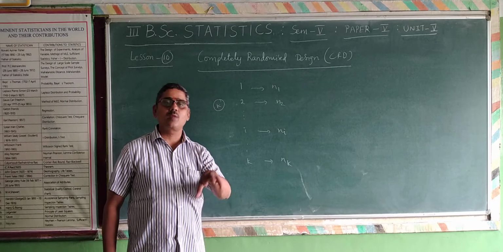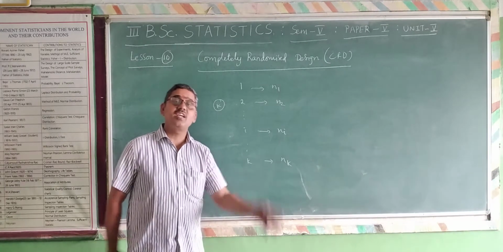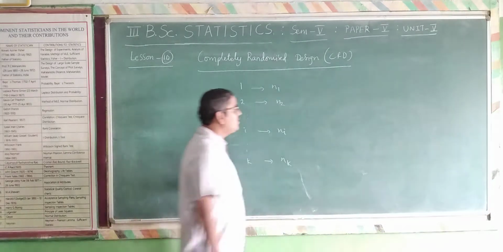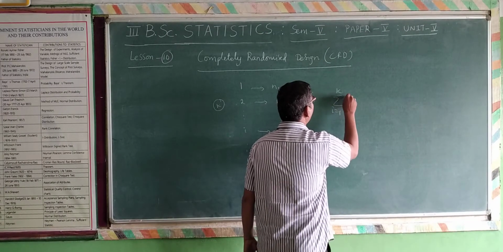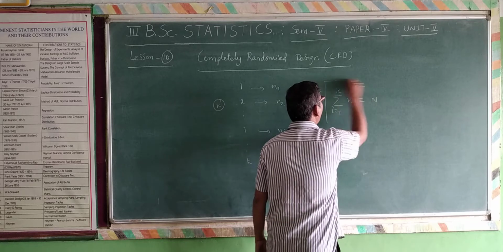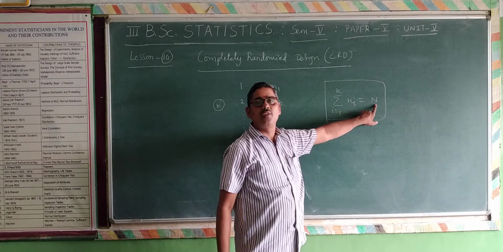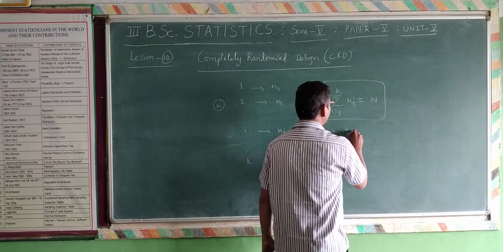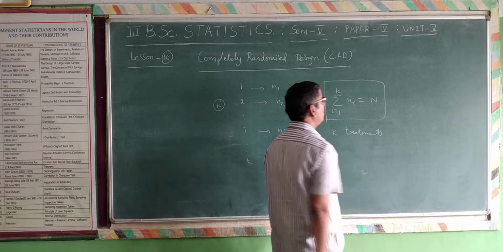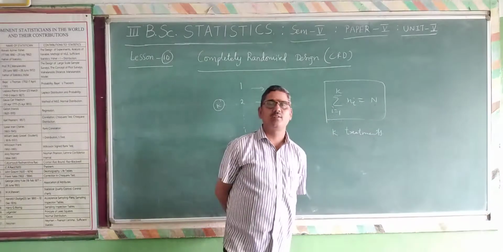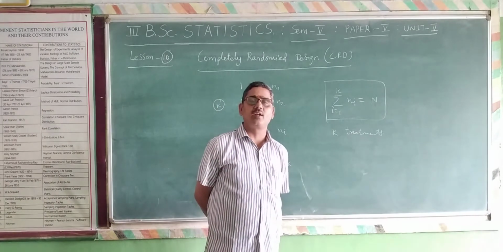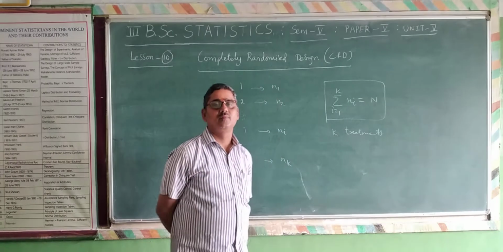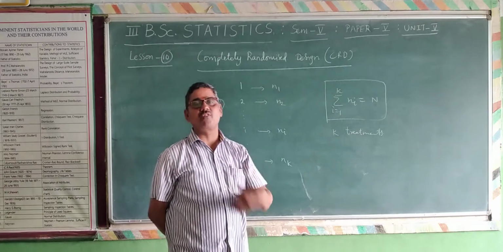What else? The other condition is that the ith treatment is replicated ni times in such a way that the summation of ni, i equals 1 to k, is equal to capital N. If you have capital N total observations and k treatments, then the ith treatment is replicated ni times in such a way that the summation of ni, i equals 1 to k, is equal to N. Here small ni represents the number of replications.